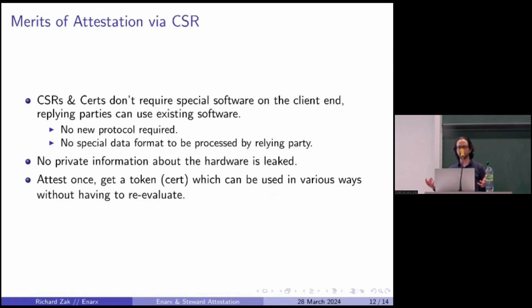So some pros, at least from what I was thinking: this way you can just use your existing TLS software. You don't have to have relying parties or third parties that have to be aware of changes to the TLS protocol. Another thing that Enarx does, the way we designed it, is that by default the WebAssembly binary would just do plain TCP communications, and Enarx itself would wrap those communications with TLS.